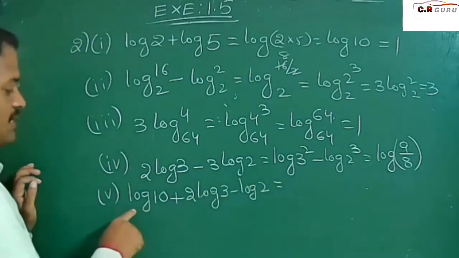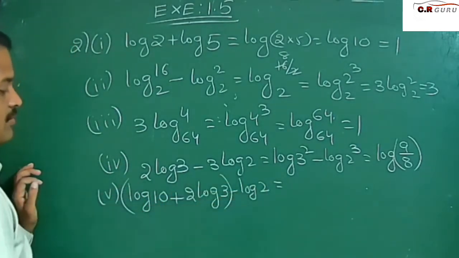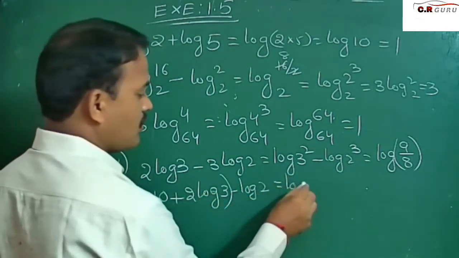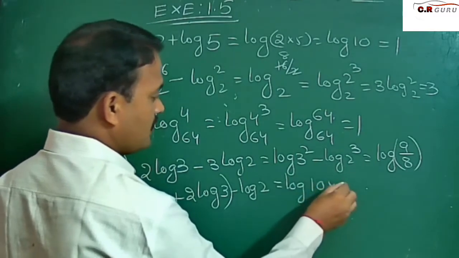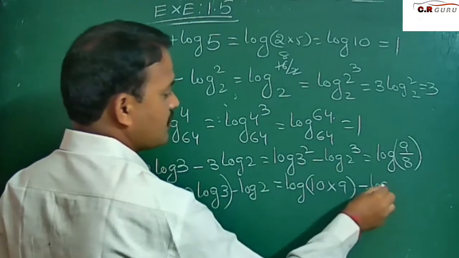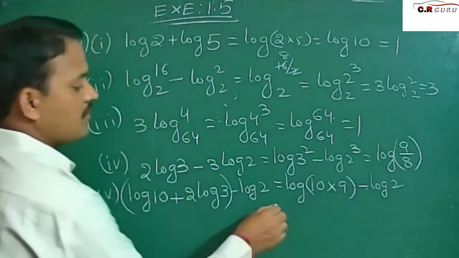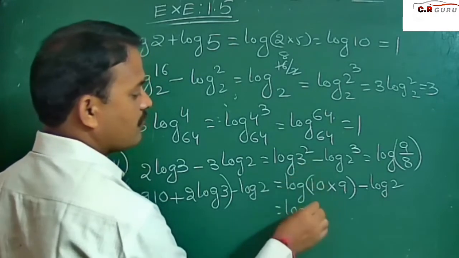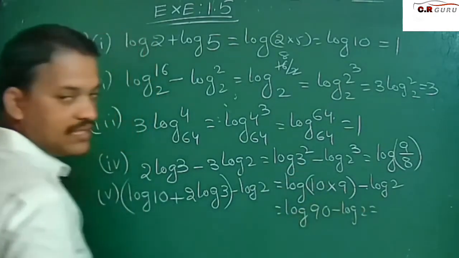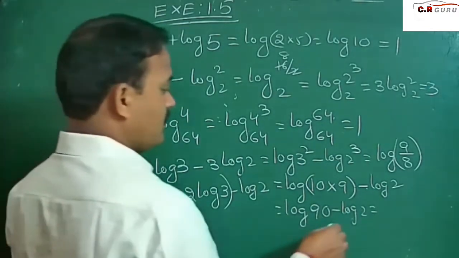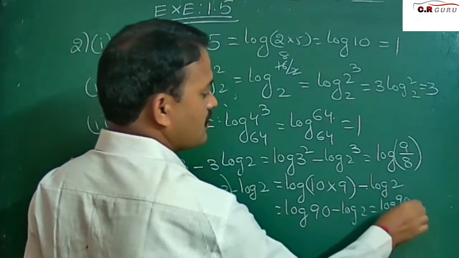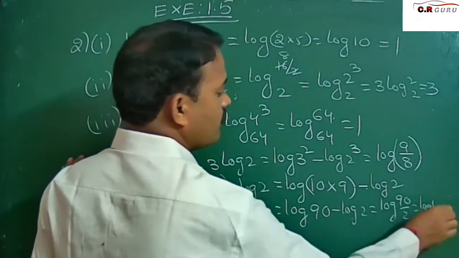It is log a plus log b, so again this can be written as log of 10 into 3 square, which is 9, and directly I wrote minus log 2. So that equals log of 90 minus log 2. Log A minus log B is log of A by B, so log of 90 by 2 is nothing but log of 45.